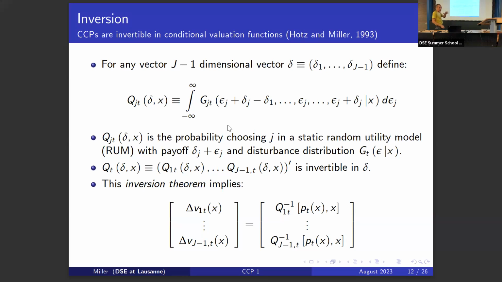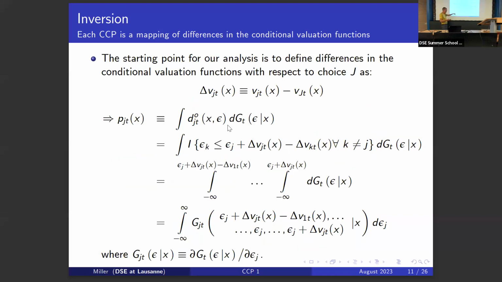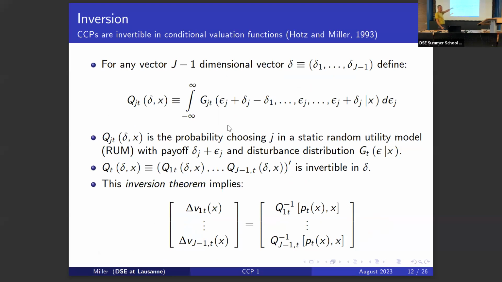That's the underlying thing, because after all, we're thinking about proving this for all x and all t. So if we define this q that way, then just from the previous slide, it is the probability of picking action j in this static model with these payoffs.